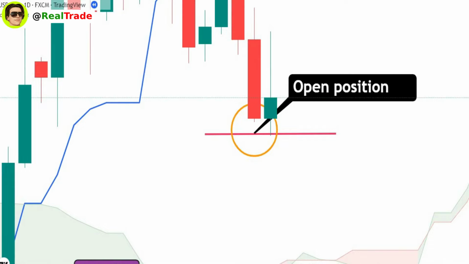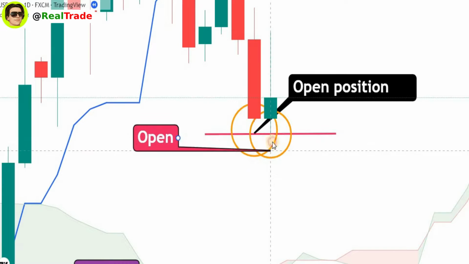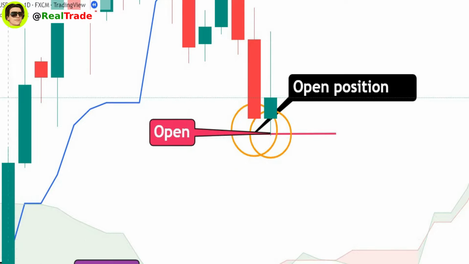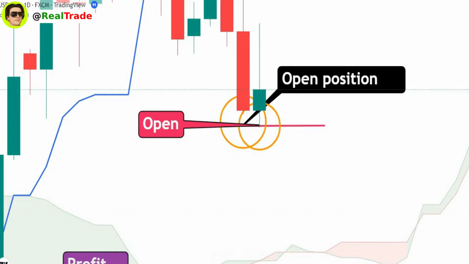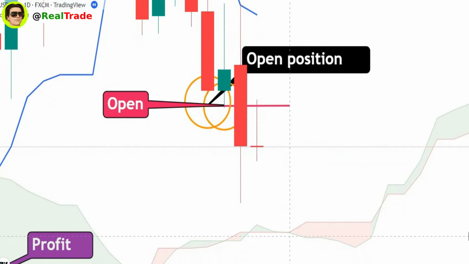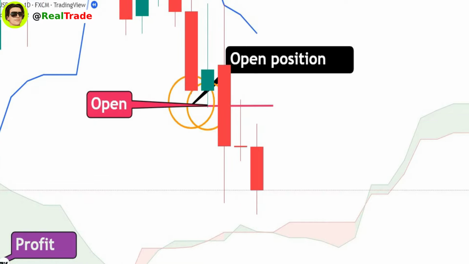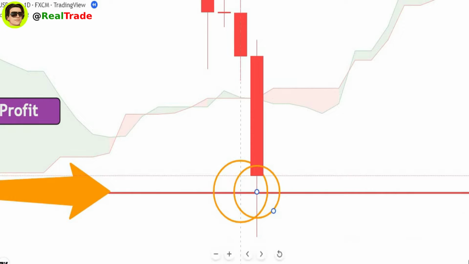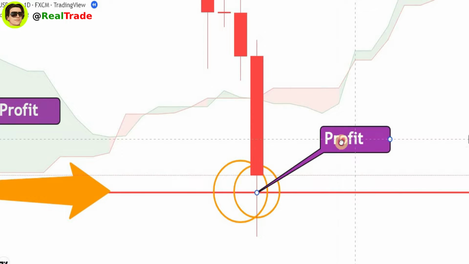Yes, activate strategy. This candle activates strategy. Price next candle. Yes, activate strategy. Open position. Continue. Yes, this area is profit. Next support is profit.